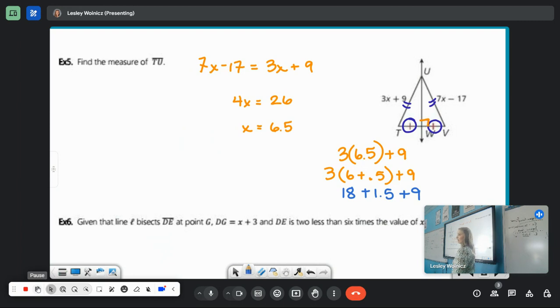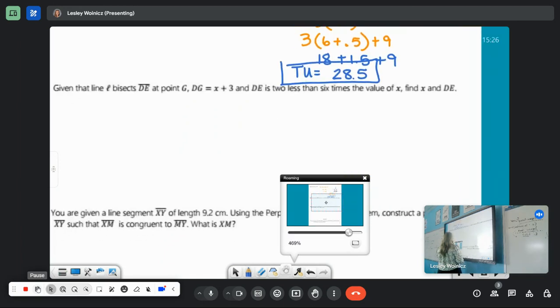You might as well practice without it, right? All right, what did you get? 28.5? Okay. Okay, so that was TU. Okay, you can test the other one on the calculator. Do 7 times 6.5 minus 17. See if you get 28.5.